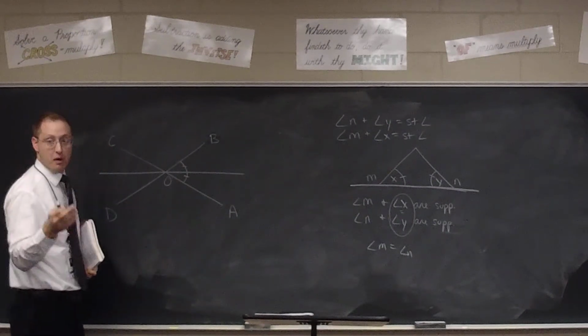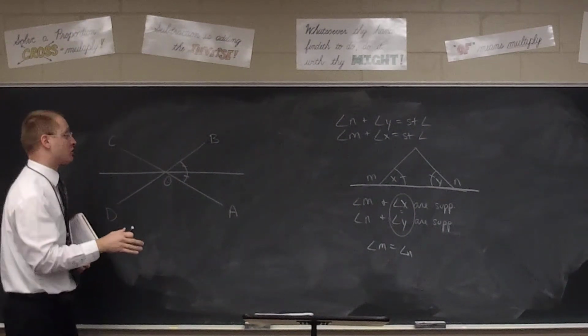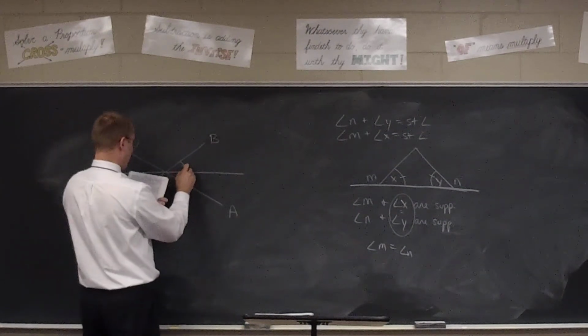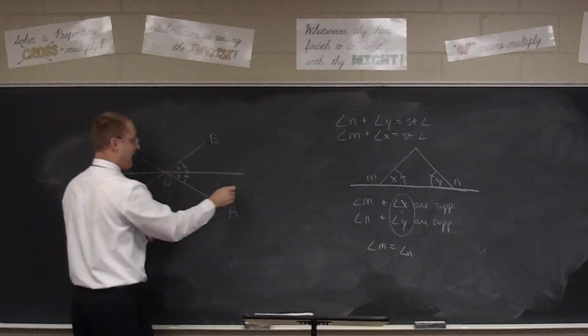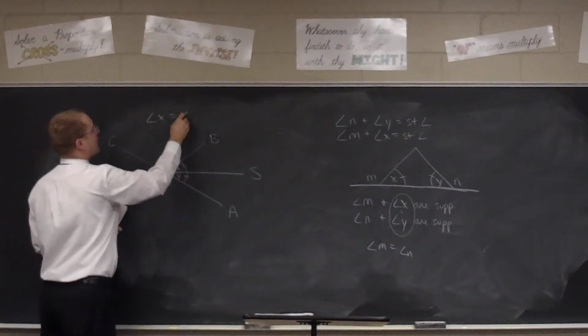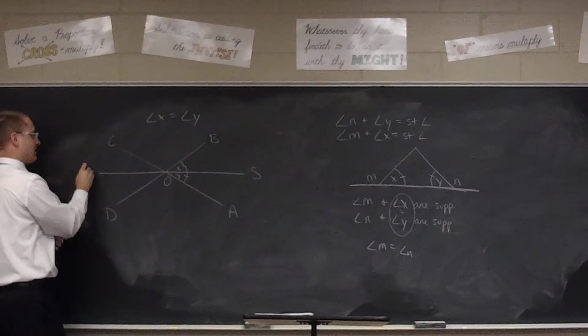By definition, bisect means to divide into two equal halves, so angle X and angle Y are equal halves of angle AOB. Angle X and angle Y are equal because that's what a bisector does.